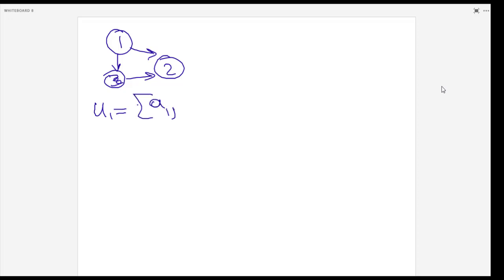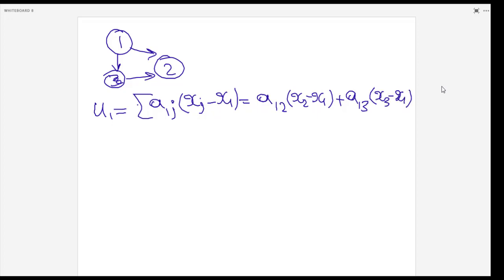I said that U1 equal to the sum of A1j (xj minus x1) based on the formulation. Yes, I said that U1 equals A12 (x2 minus x1) plus A13 (x3 minus x1). This is all about the first controller.